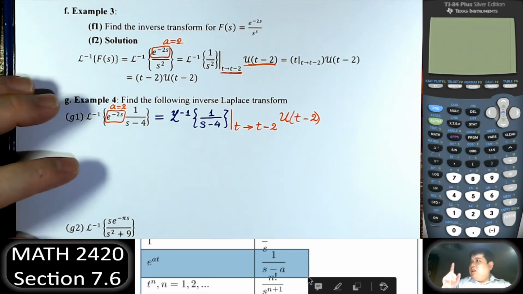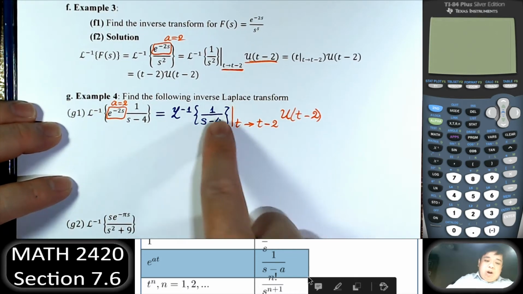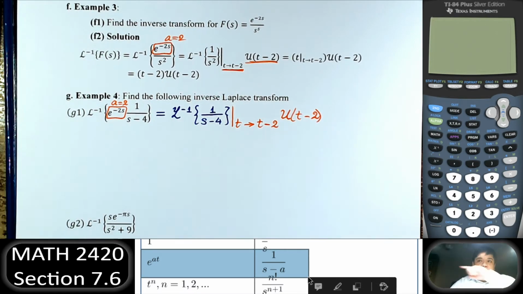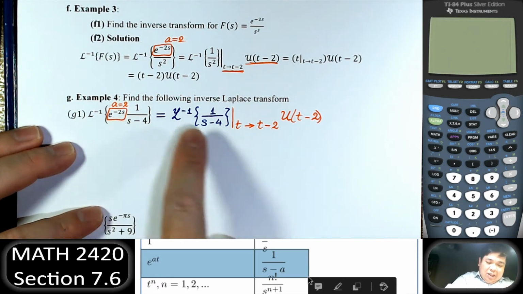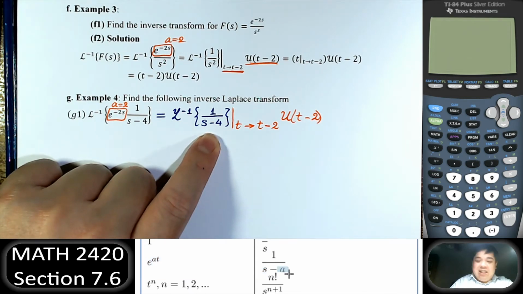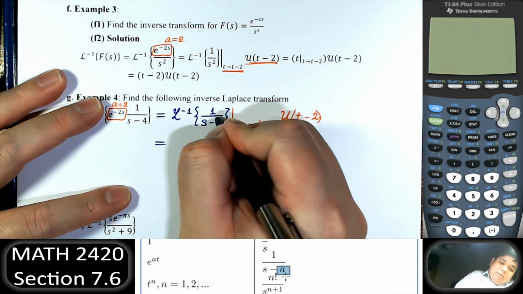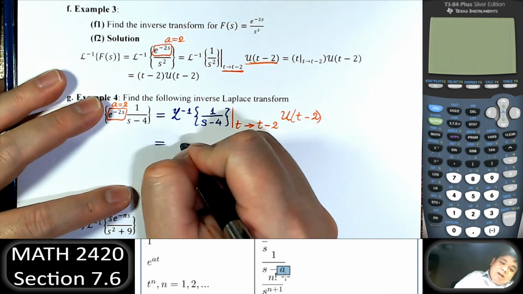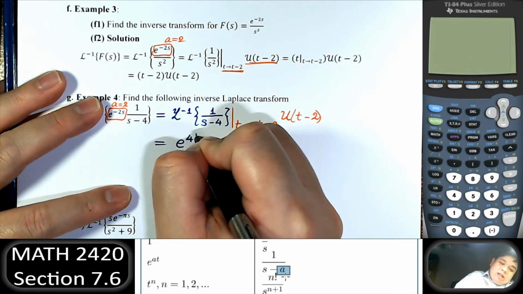Okay, let's just write that formula first. So the Laplace transform of 1 over s minus a, the formula is over there, is e to the at. Notice not this a, I'm talking about this a, which is 4 here. So the Laplace transform of 1 over s minus 4 is e to the 4t.